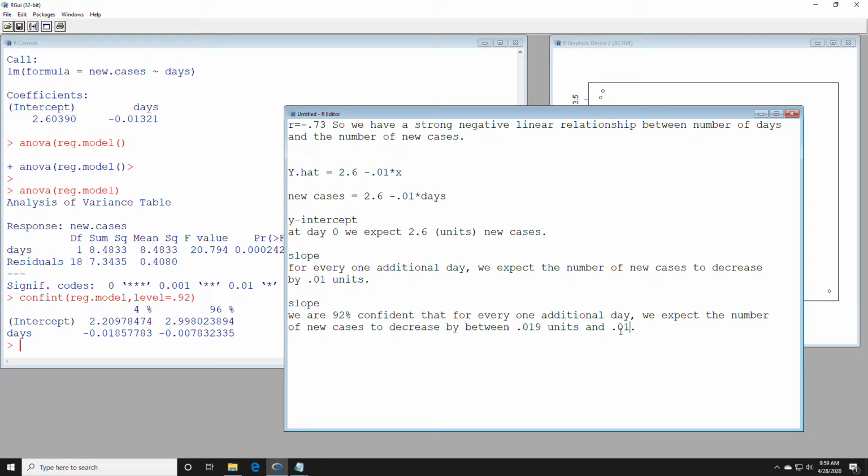And of course you could flip those if you wanted. But because it's negative, we have to put our decrease. So we expect the number of new cases to decrease between about 0.01 and about 0.02. So fairly standard, how we always kind of interpreted things, but we do have to put it in this special context of what the slope means. And same thing for the intercept. You can do the same thing for that.